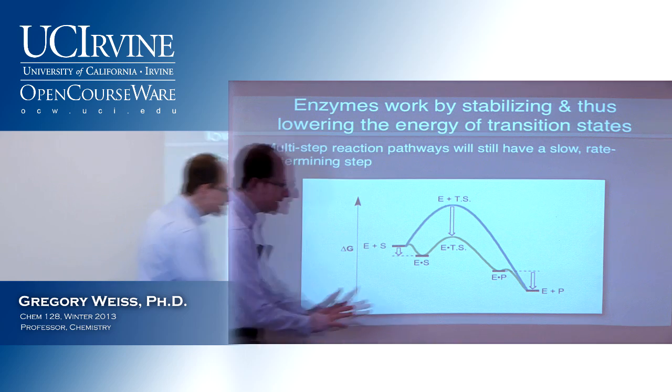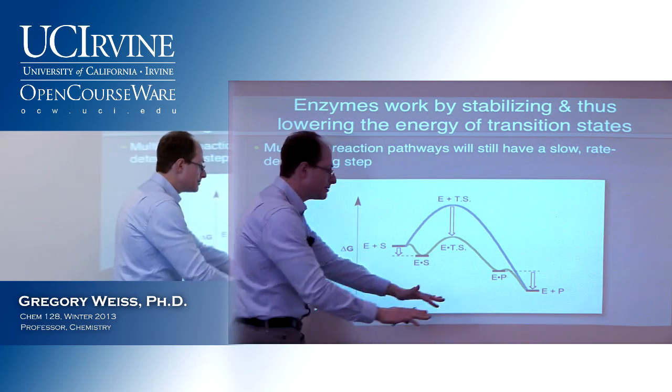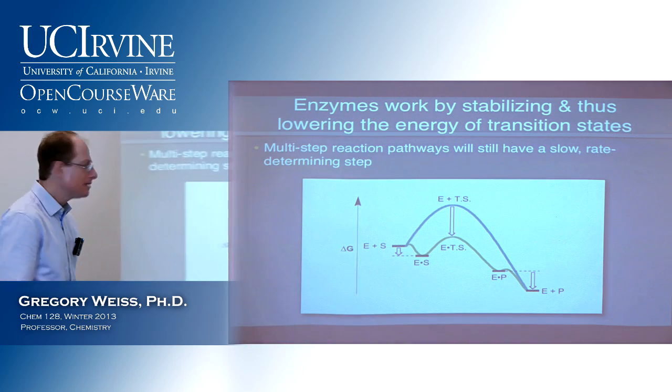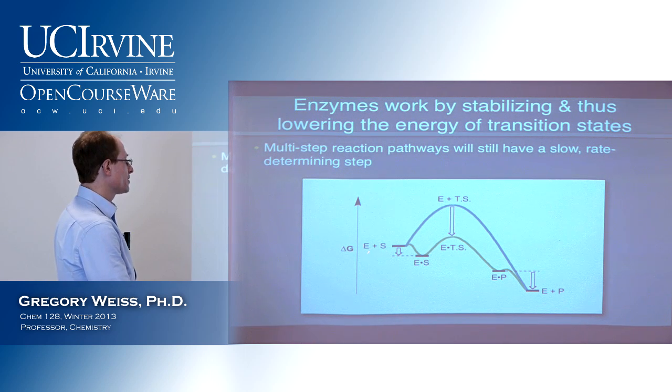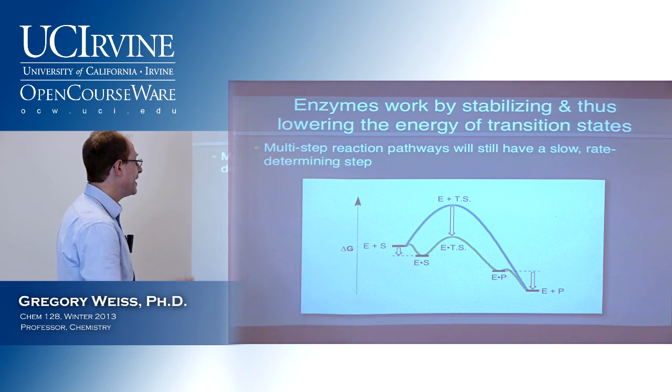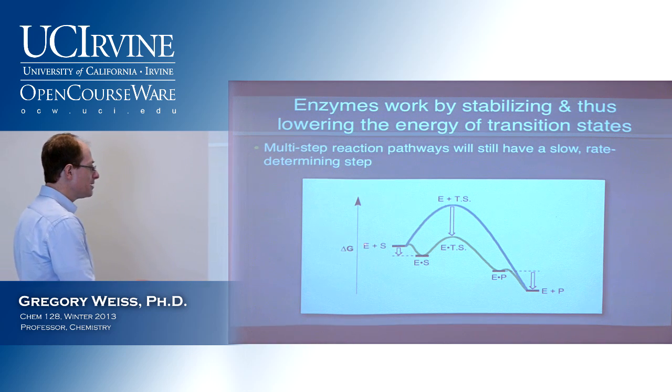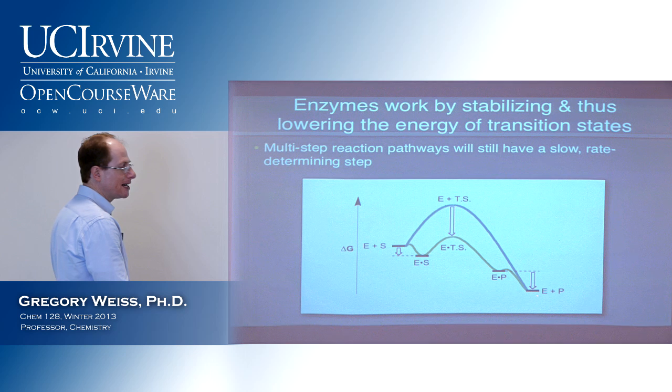On the x-axis, oftentimes called the reaction coordinate, is nothing more than the pathway between enzyme plus substrate going all the way to enzyme plus product over here. Here it is going through a couple of different intermediates, enzyme-substrate intermediate, enzyme-product intermediate, and also a transition state.